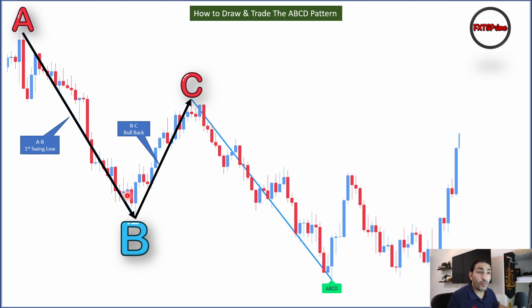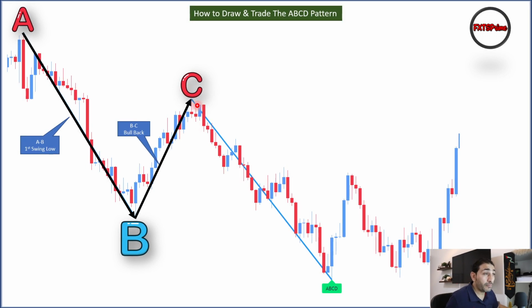So the first swing was long, and this we name pullback because it's small. However, if this pullback was longer than the swing low, then this will become a swing high, and we're going to call it a pullback in the lower direction. In the future, you're going to understand it in more detail. So now we have the swing low, which is AB, the first swing low in the pattern, and we have BC, which is a pullback from B to C.